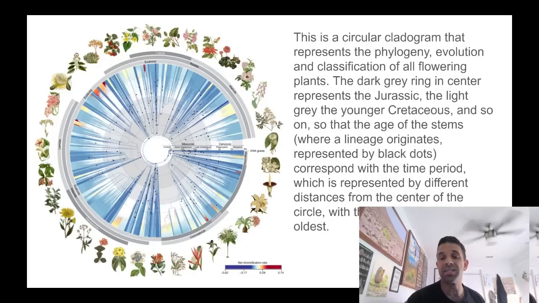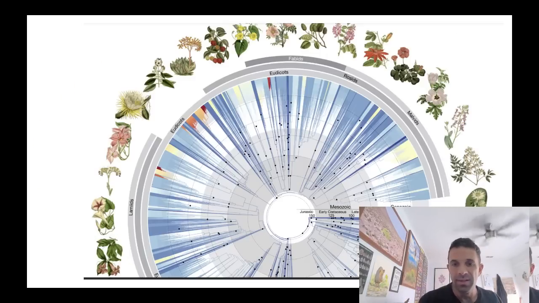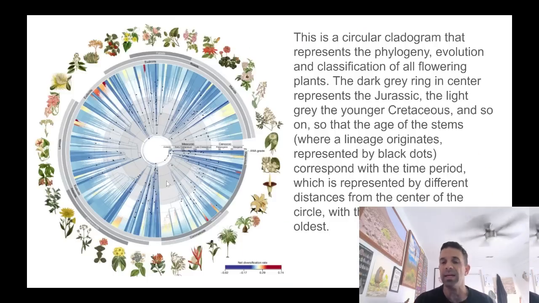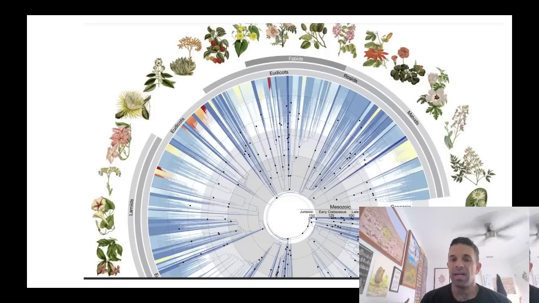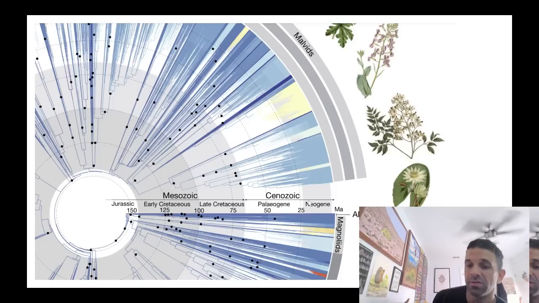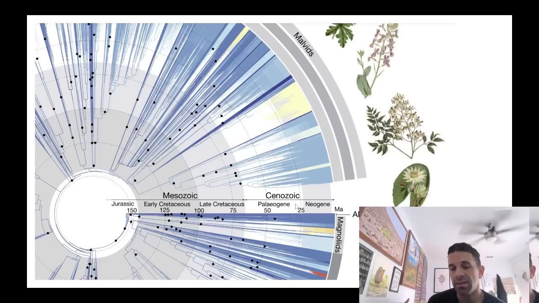So the age of the stems, where a lineage originates, which you can see if you zoom in on this, corresponds with the time period. Where that node is indicates where it evolved. With the center of the donut the Jurassic, you move through early Cretaceous, late Cretaceous, into the Cenozoic, which is comprised of the Paleogene, Eocene, Oligocene, Miocene, and Neogene.